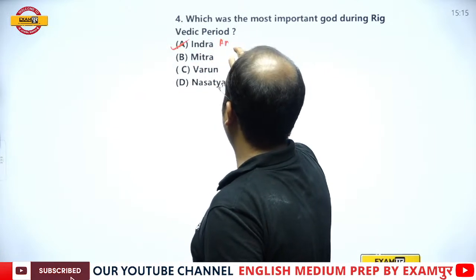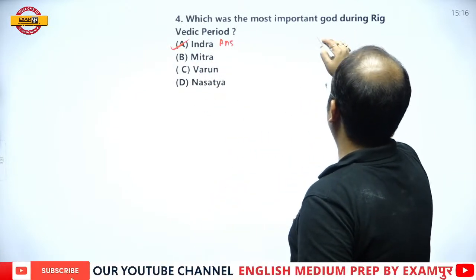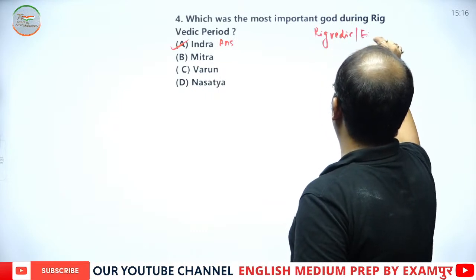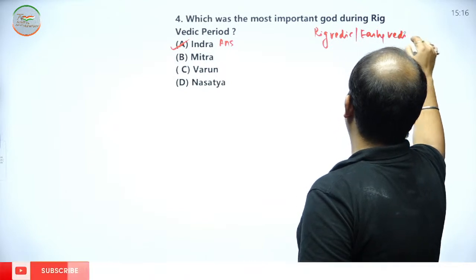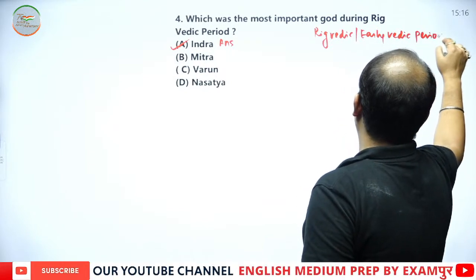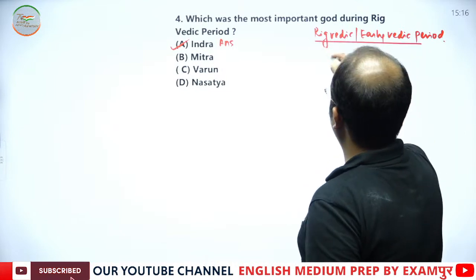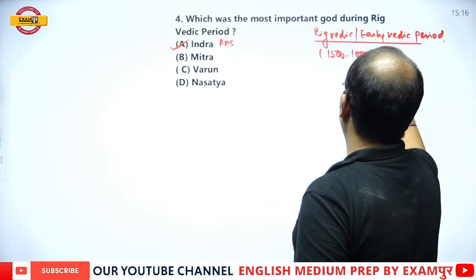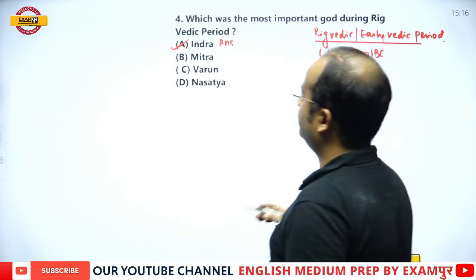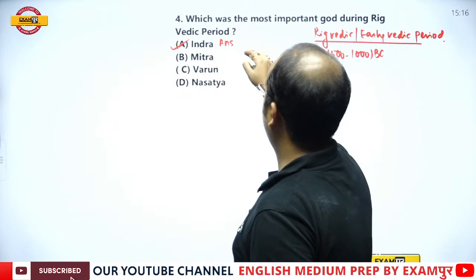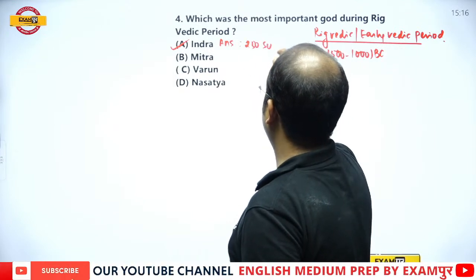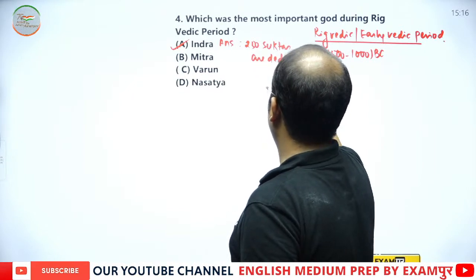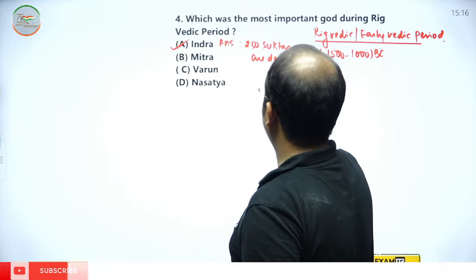The Rig Vedic period, also known as the early Vedic period, starts from 1500 to 1000 BC. And the most important god is Indra because 250 suktas are dedicated to Indra.